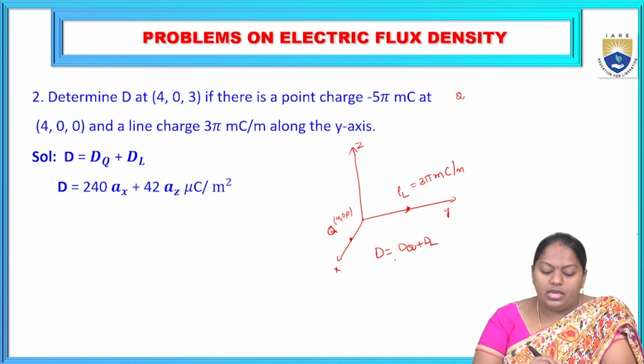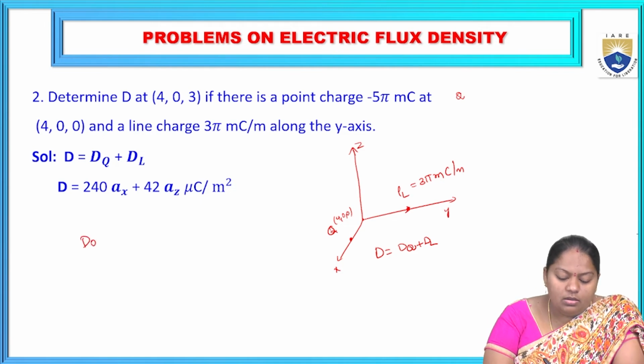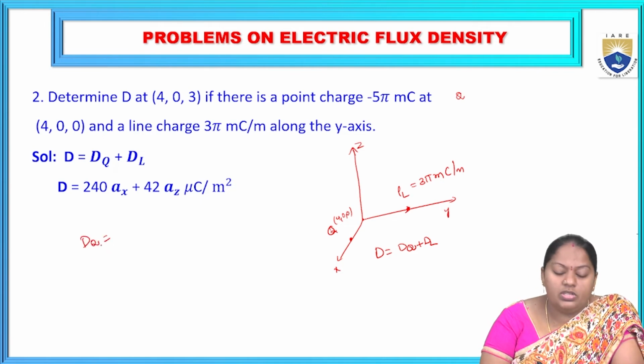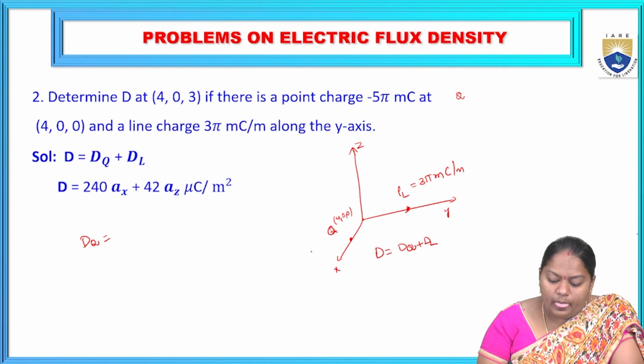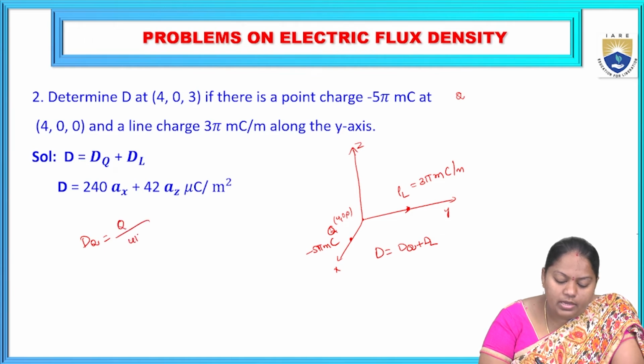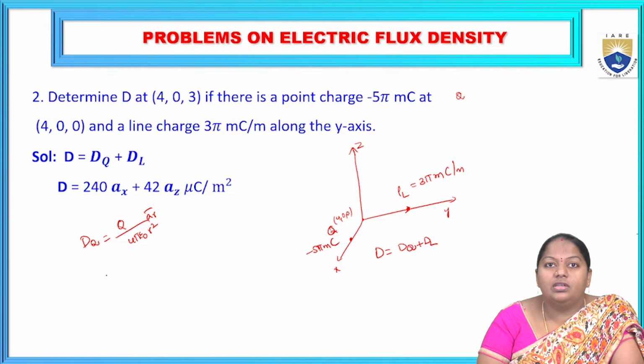The flux density due to a point charge is given by, Q is given as minus 5 pi millicoulombs, and here it will be 3 pi millicoulombs. So Q by 4 pi epsilon naught r square into aR is the formula for Dq.